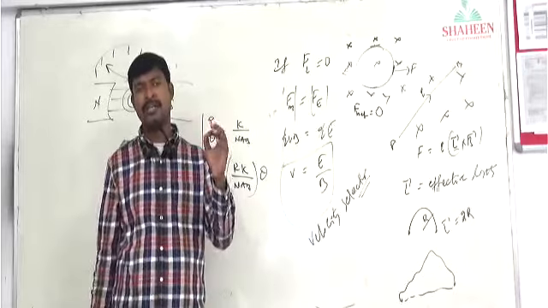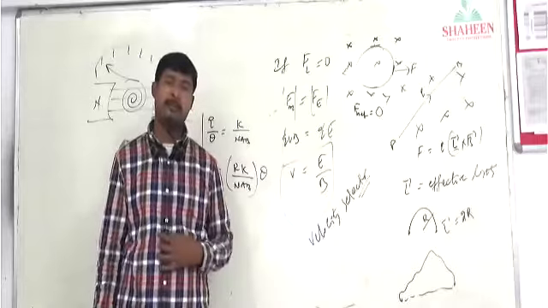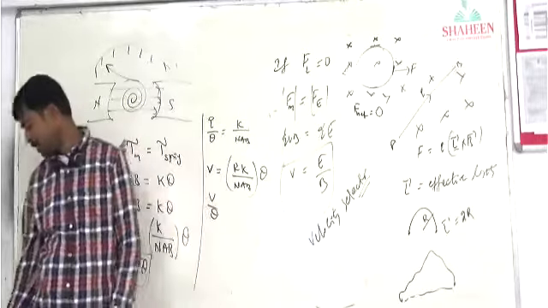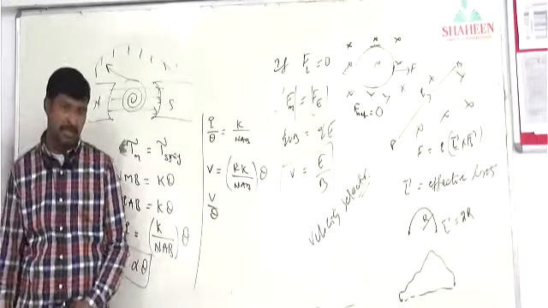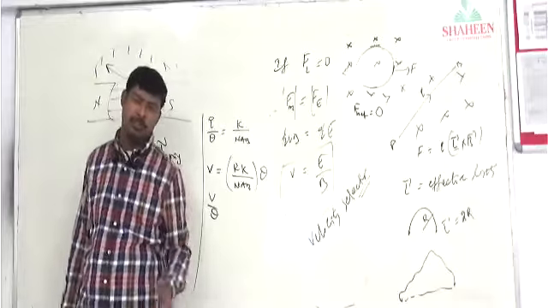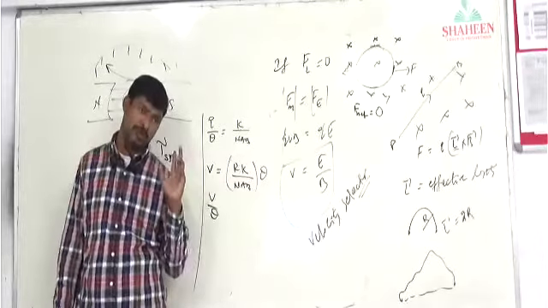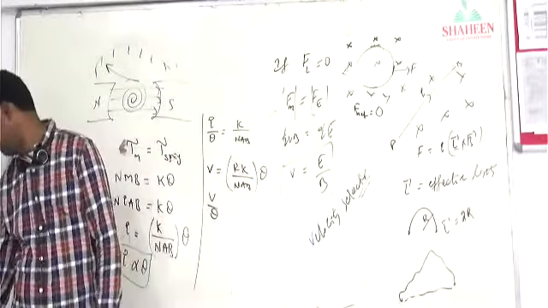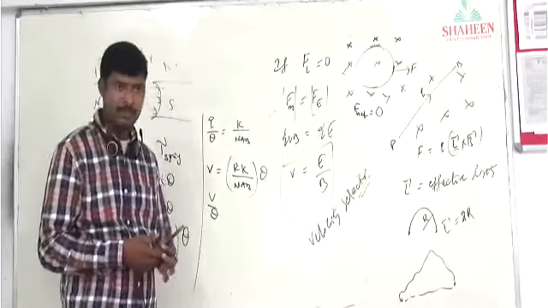So a large resistance is connected in series for a voltmeter, and a shunt is connected in parallel for the ammeter. Clear? The shunt is very small for an ammeter and very large for a voltmeter. Ideally, zero resistance for an ammeter, infinite resistance for a voltmeter. Clear? So this is a brief concept about moving charges and magnetism. Clear?